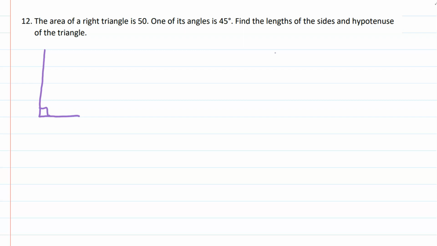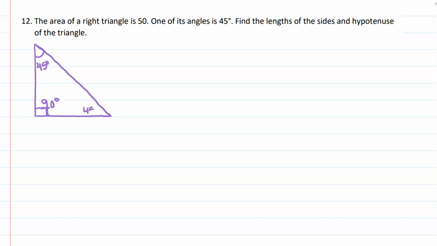Well, we know that my line is not very straight here. Let's redo that. So we know that the sum of the angles in a triangle is 180. This is already 90 degrees, and if this is going to be 45, then this other one would have to be 45, right?